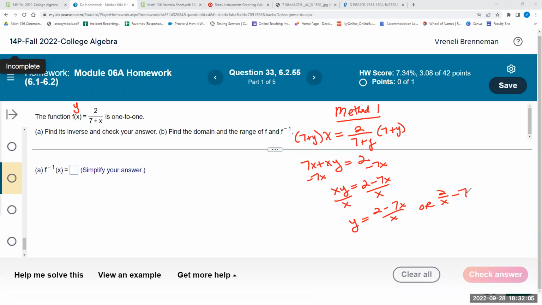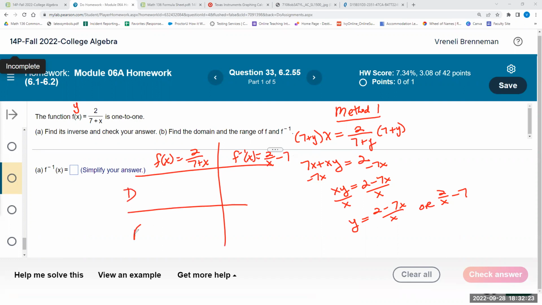Now looking at the domain and range: f is 2 over 7 plus x, f inverse is 2 over x minus 7, or 2 minus 7x over x. And we want the domain and range of each. The domain is easy. The domain of f, well, the 7 plus x denominator can't be 0, so x can't equal -7.